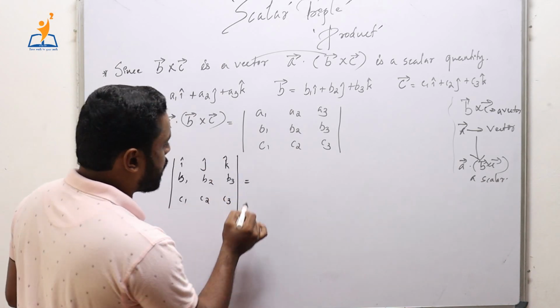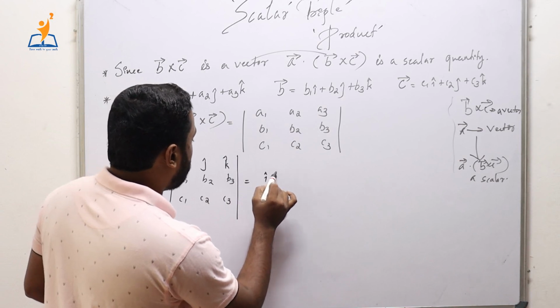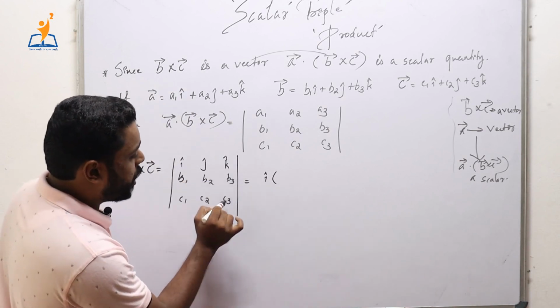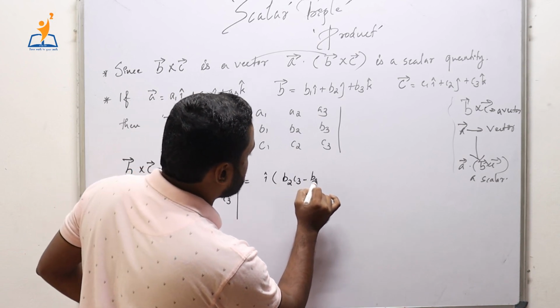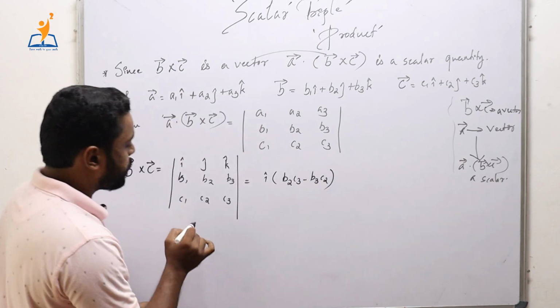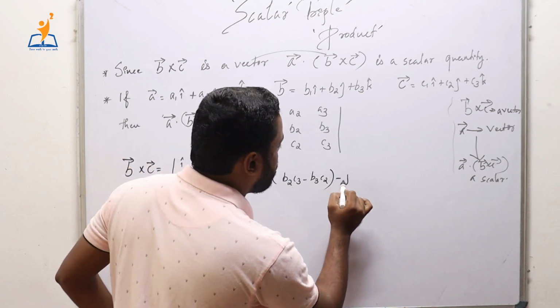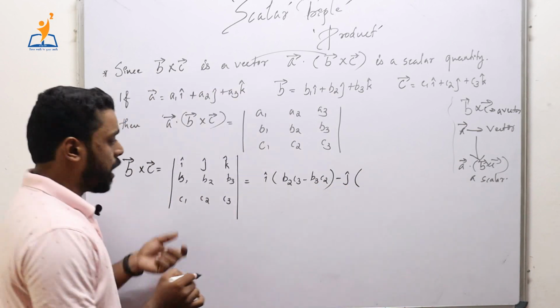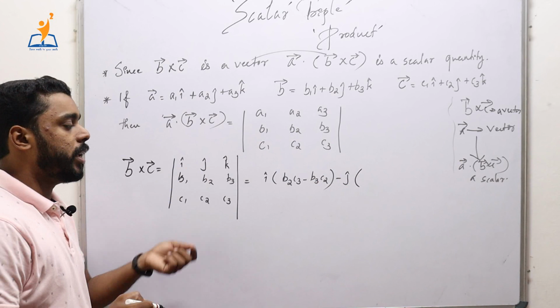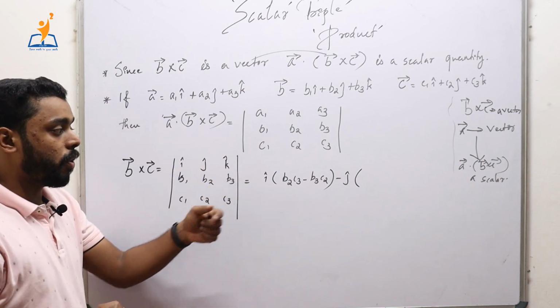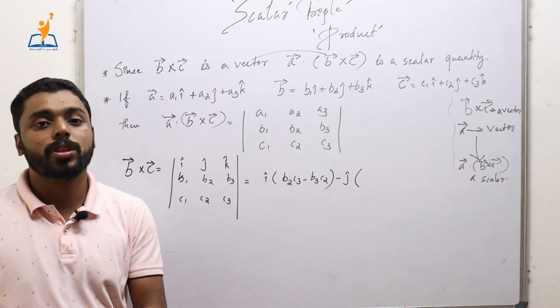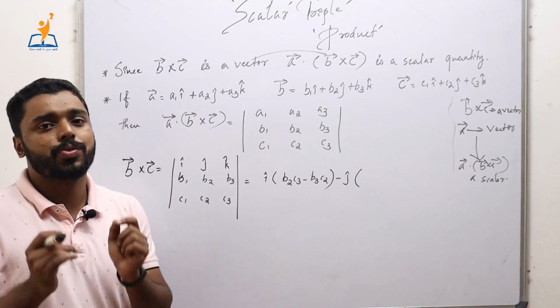We know that this is nothing but i cap into (B2 C3 minus B3 C2), right? Now minus j cap into, I think you all know how to calculate the determinant of such a matrix. So if you don't know, just go back to the previous session and watch it well. This is very important.